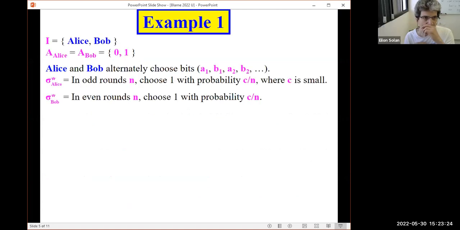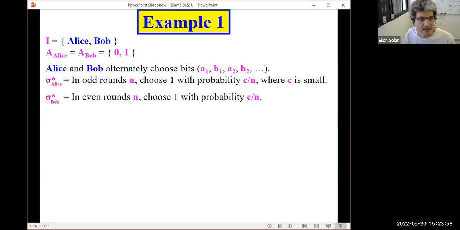Okay, so let's take 2 examples just to make sure that we follow the definitions. So again, we are back to Alice and Bob. Each one should choose a bit, 0 or 1. They choose their bits alternately. Again, Alice in odd stages, A1, A2, etc., and Bob in even stages, B1, B2, etc. So B1 is the bit that Bob chooses in the second stage.